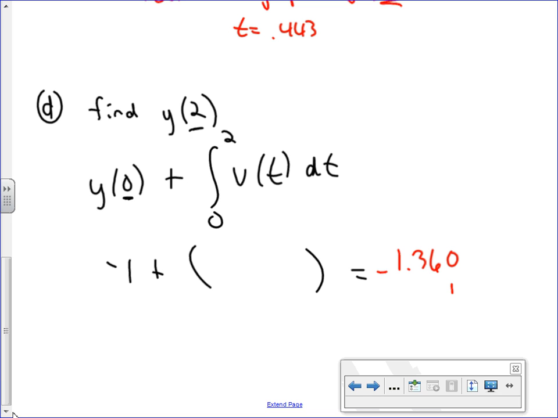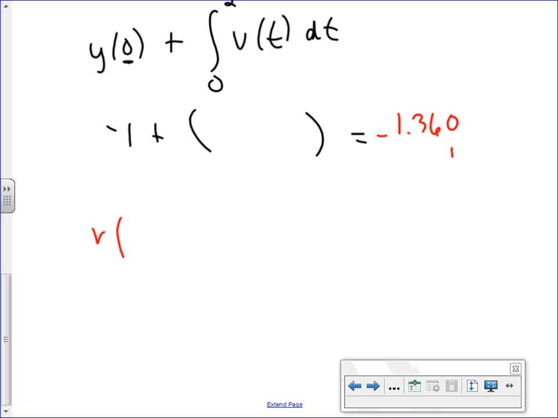So is it moving this way or that way? What is that asking you to find? Well, not acceleration. Velocity. Velocity is positive if you're moving to the right. Velocity is negative if you're moving to the left. So that second question is asking you to find the velocity at that point that you just found and determine if it's positive or negative.